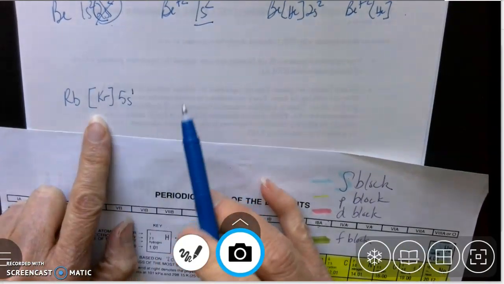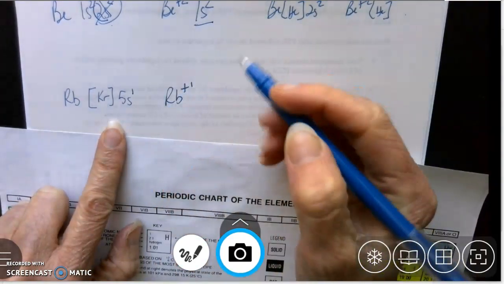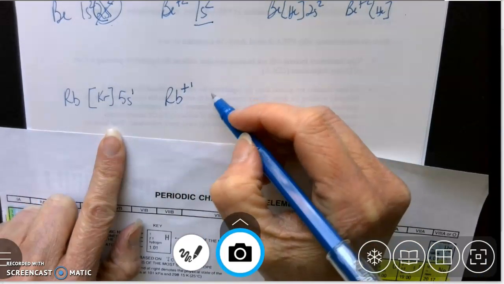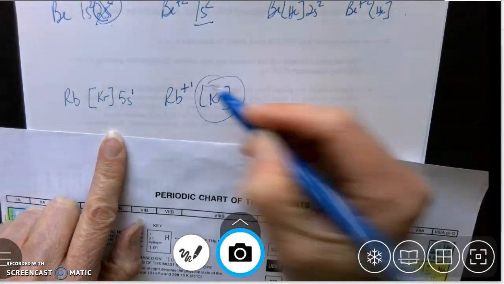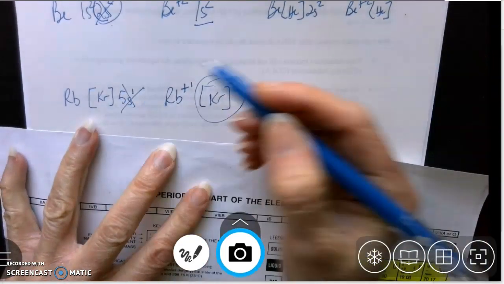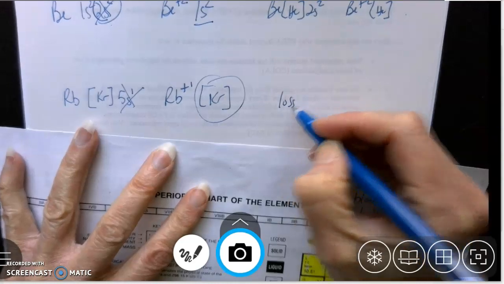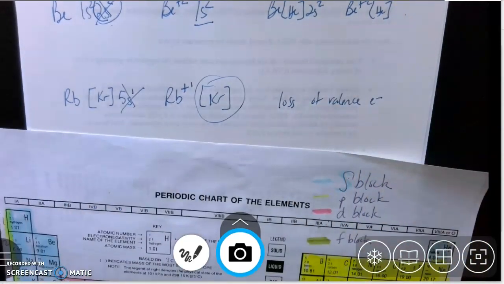So rubidium is going to give 1 electron away and become a +1 ion. And its configuration is then going to be Kr. So it has that noble gas configuration once it loses this valence electron.